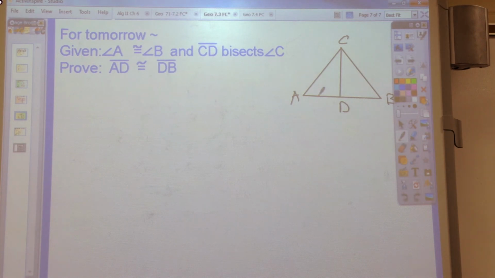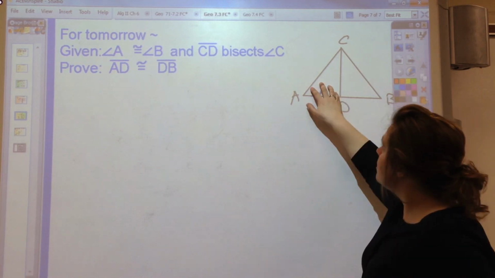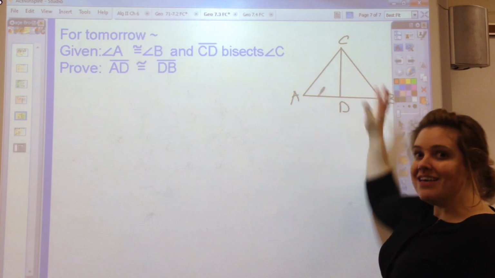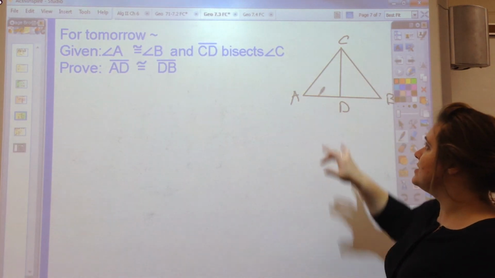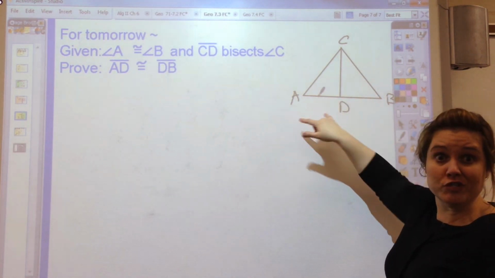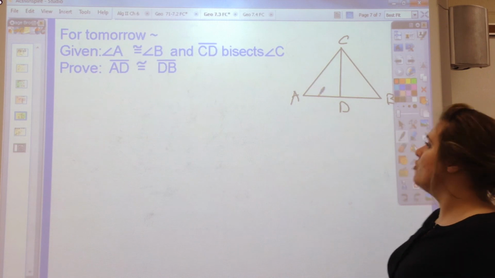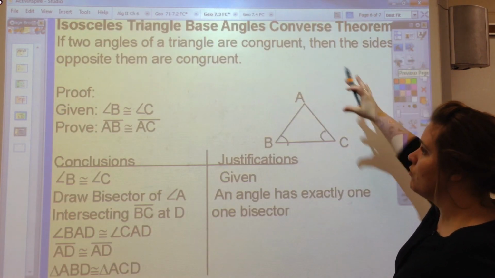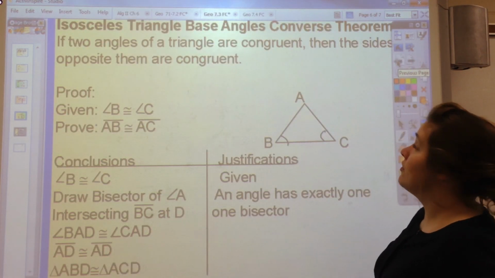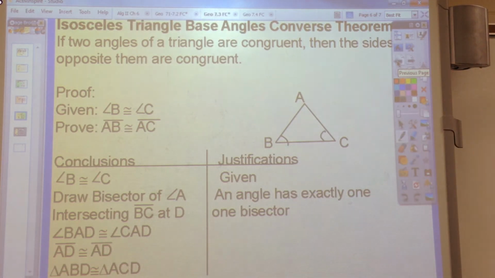Take it as far as you possibly can. Here's your plan of action. First of all, you want to show that this triangle is congruent to this triangle. Then you can use one of your theorems to say your corresponding parts are congruent to each other. So try that on your own. When you come back tomorrow, we'll walk through this base angle converse theorem together. And I will see you then.